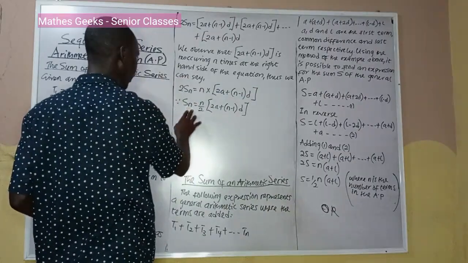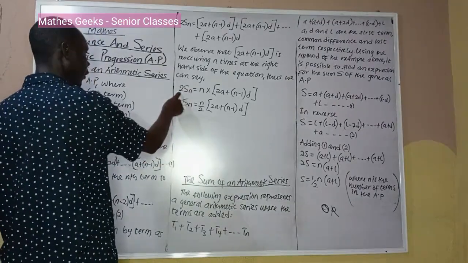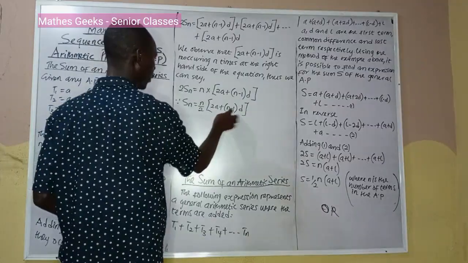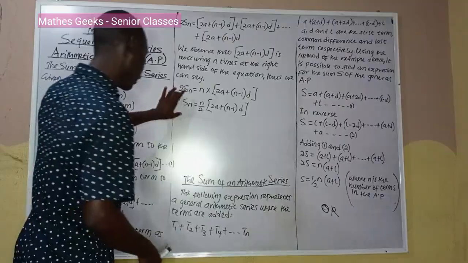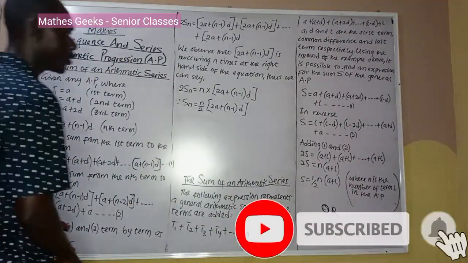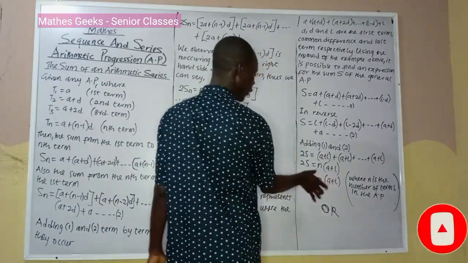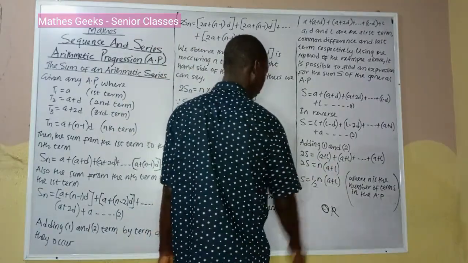So therefore, Sn is equal to n over 2, when we make Sn the subject of the formula and divide both sides by 2. So this will give us n over 2, bracket, 2a plus (n minus 1)d. So this is also a formula used for calculating the sum of an arithmetic series. So we use either this formula or this formula, but this formula is used particularly when the last term of the series is given.